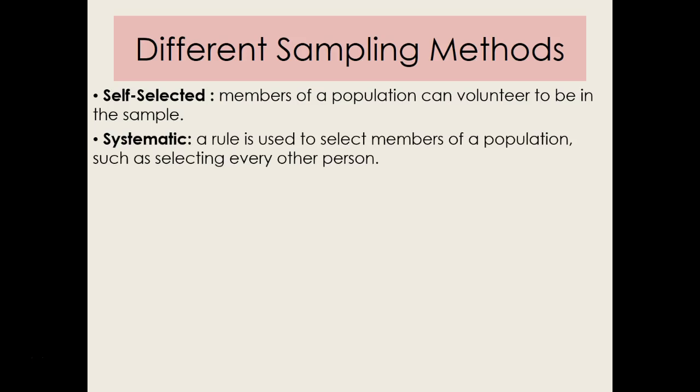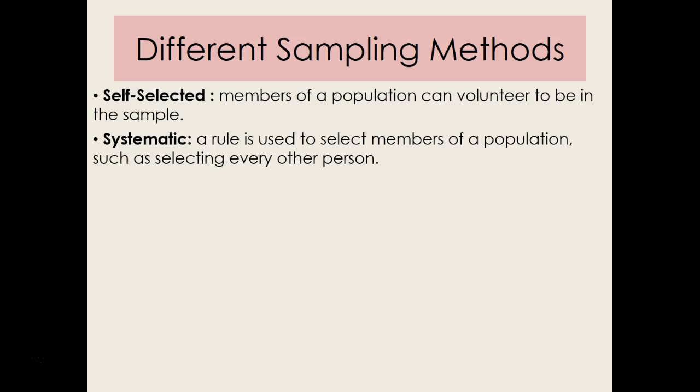Another type of sampling method that is used is a systematic sampling method. We use systematic sampling methods usually when we have things that are in a line, for example, an assembly line, or people who are queued up or lined up at an amusement park getting on or off of a ride.